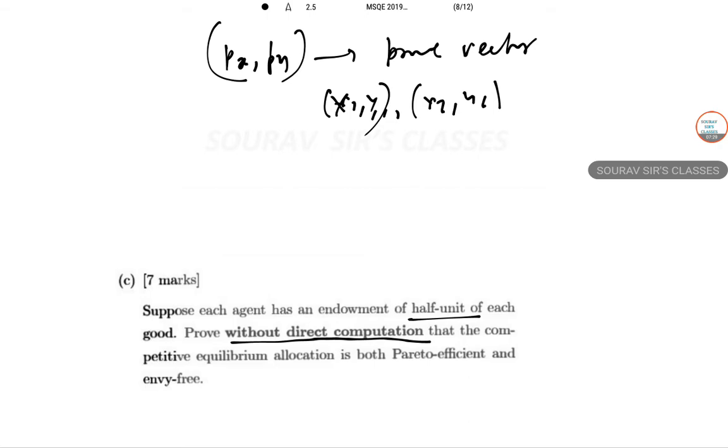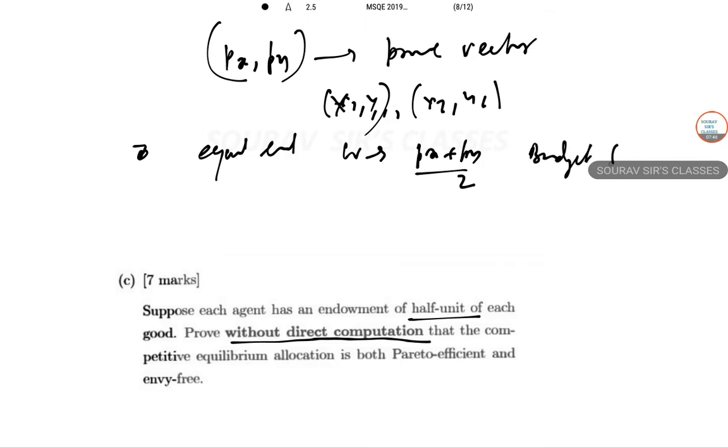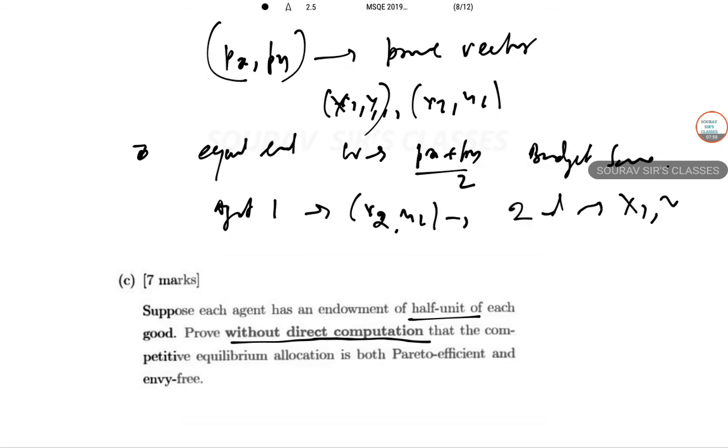Let's prove the competitive equilibrium allocation will be envy-free. Since both agents have equal endowments of both goods, the wealth will be the same, (Px plus Py) by 2, and hence their budget sets will be the same. So in particular, agent 1 can afford (x2, y2) and agent 2 can also afford (x1, y1).